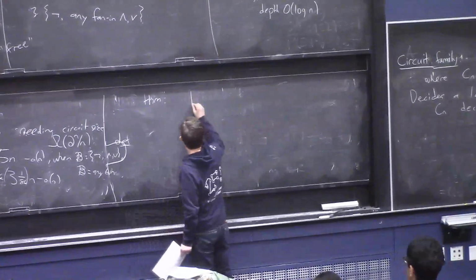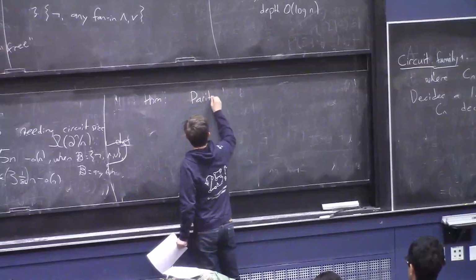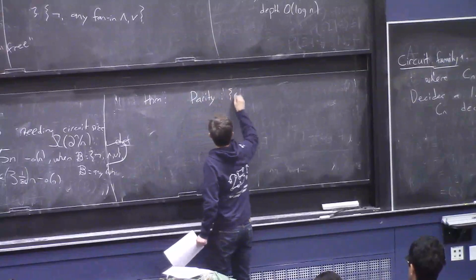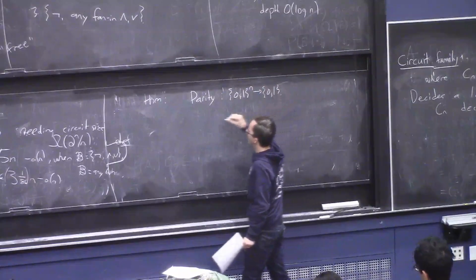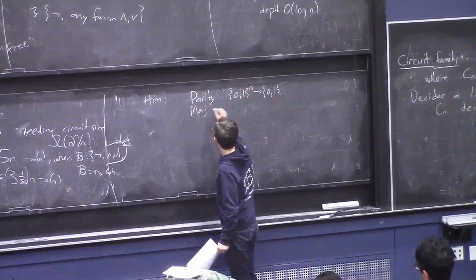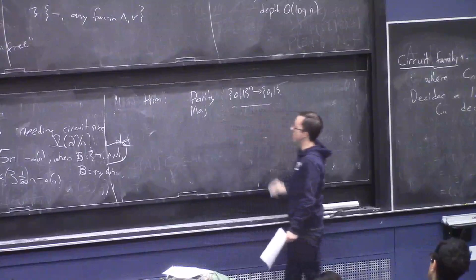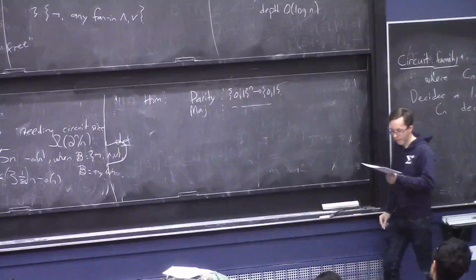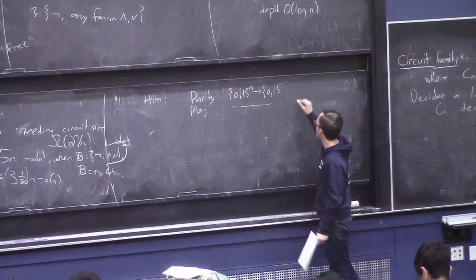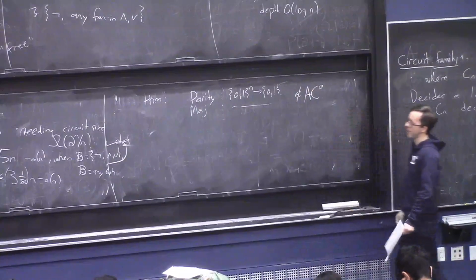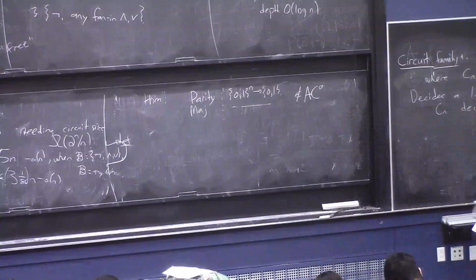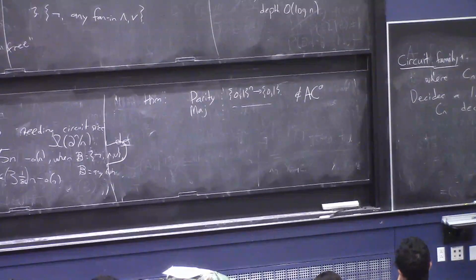And that's called the parity function. And also outputting the most significant bit, telling if more or less than half of the bits are 1. That's called the majority function. And these were proven to not be in AC0 by first Furst, Saxe, and Sipser in 81, and then a succession of improvements culminating with Håstad in 88.